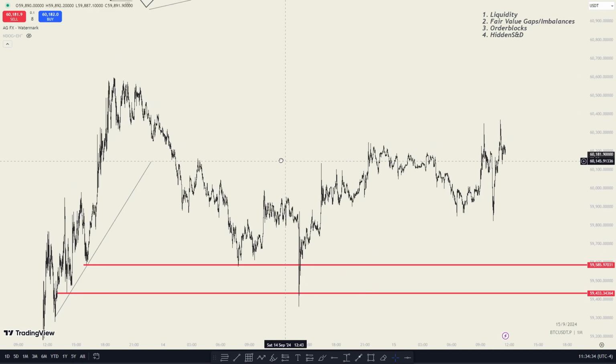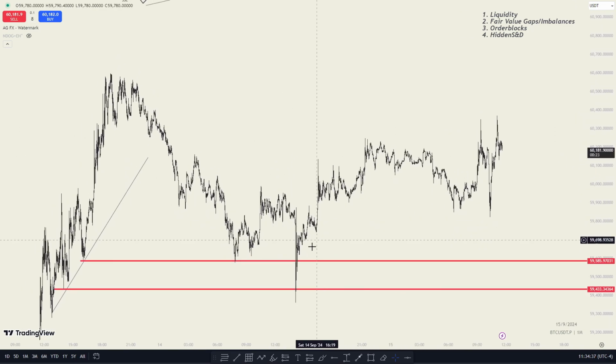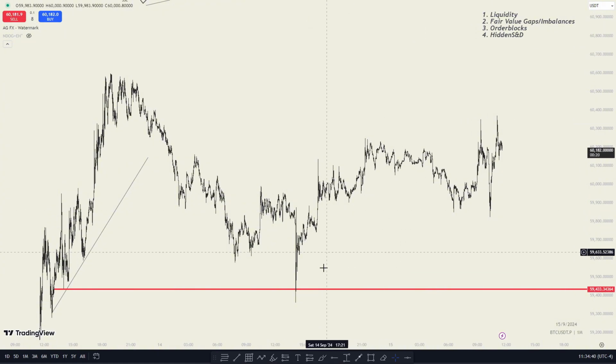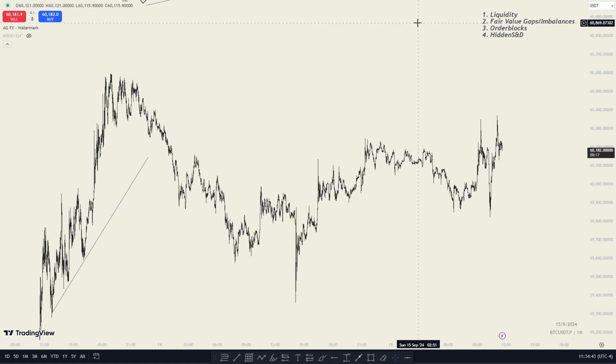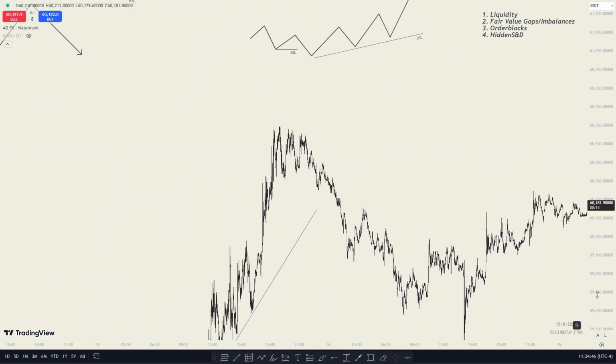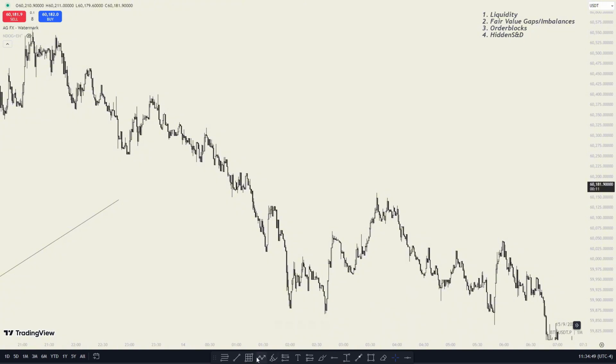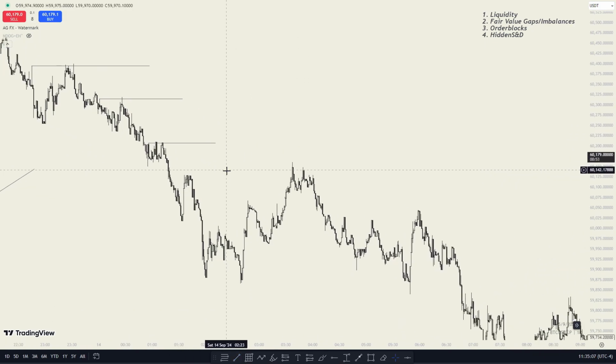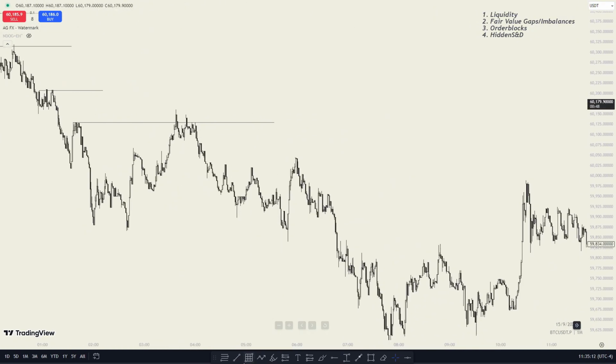The same phenomenon happened over and over again across this price action. You can notice it yourself. For example, when we were moving down, smart money runs a short-term high, moves lower, then runs a high, moves lower, runs a high, moves lower, runs a high, moves lower, then runs equal highs.